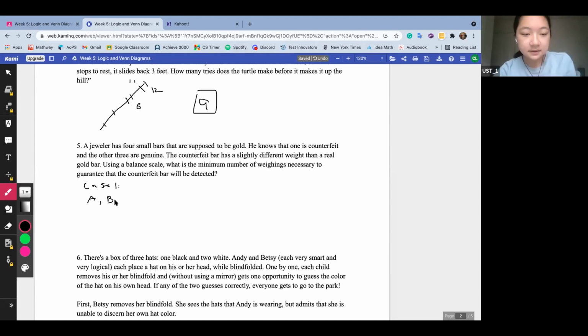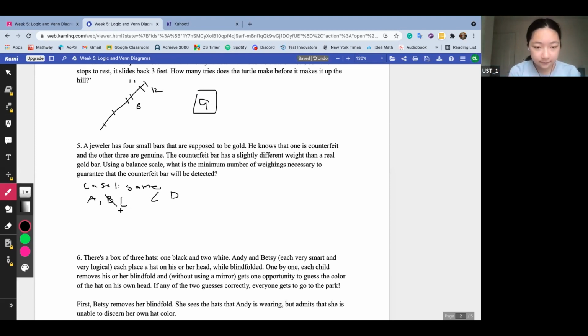Yeah. So the first case is that the first 2 are the same weight. And that means C and D, one of them is a fake one. So let's say you replace B with C.